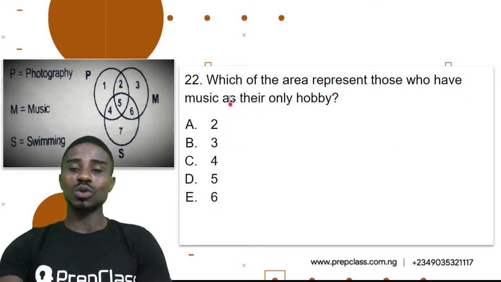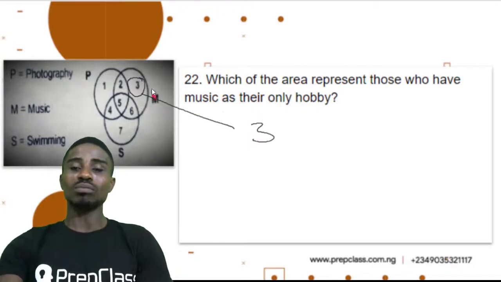Question 22. Which of the areas represents those who have music as their only hobby? This question is a straightforward question. We are only considering music alone. Let's look at how to get it done. We'll be looking at only music.